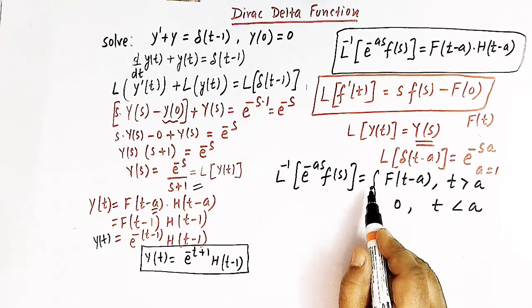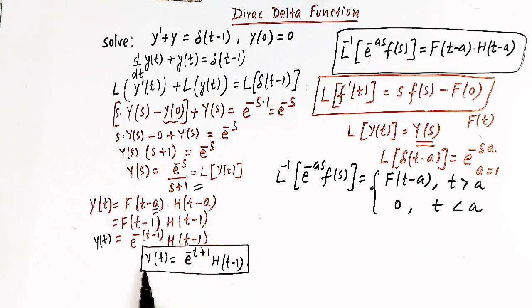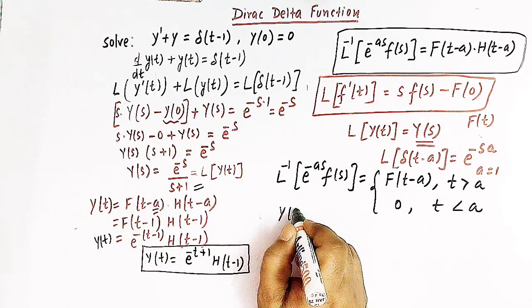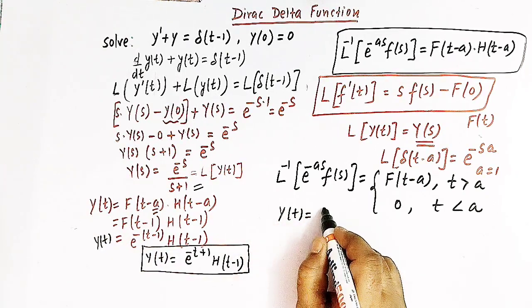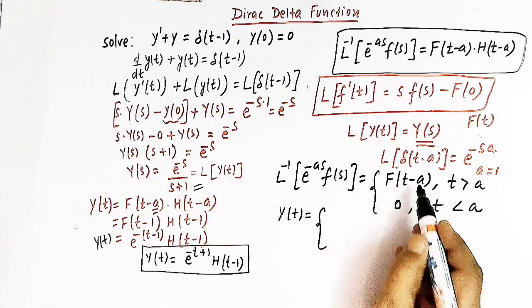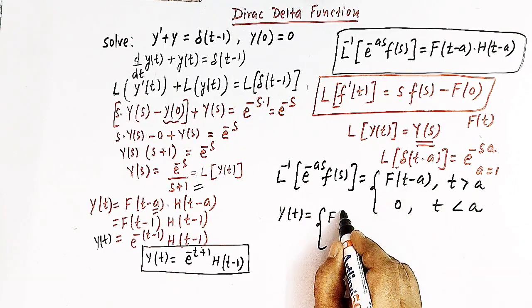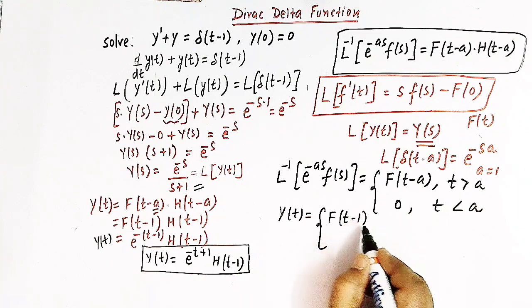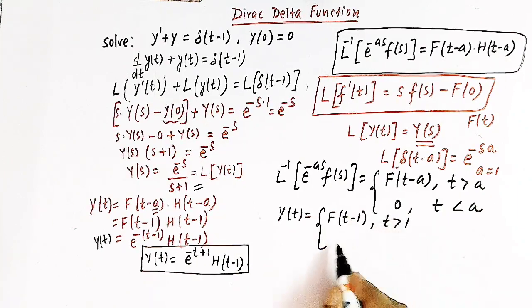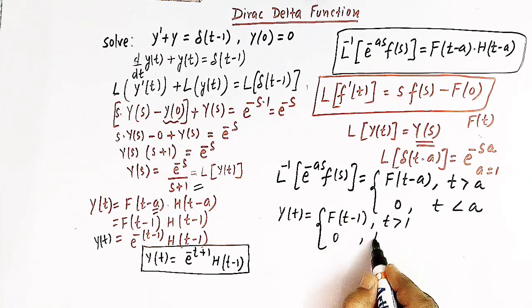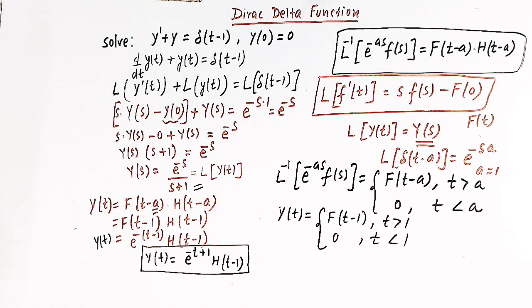So now using this form, we can also express our solution as y of t is equal to f of t minus a, that is f of t minus 1 for t greater than 1 and 0 for t less than 1, right?